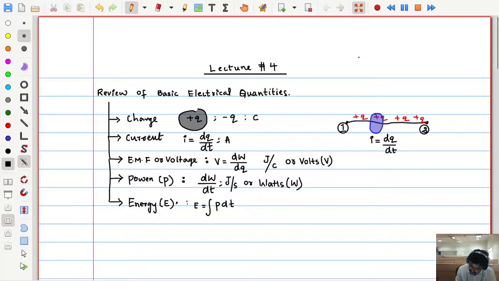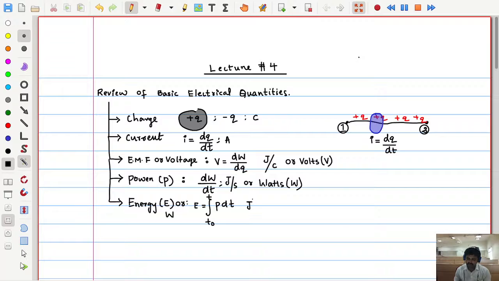This energy can be represented as either E or W, work done; both are the same. So E can be written as the integral of the power over the time interval t0 to t. The units are joules. These are the basic electrical quantities which we come across while dealing with this subject.